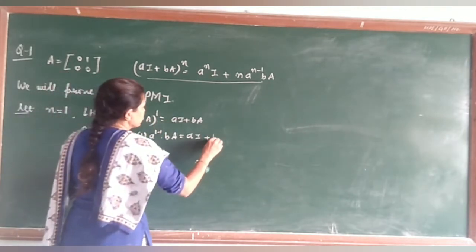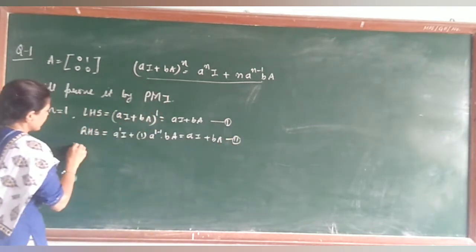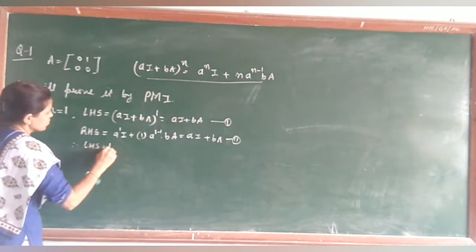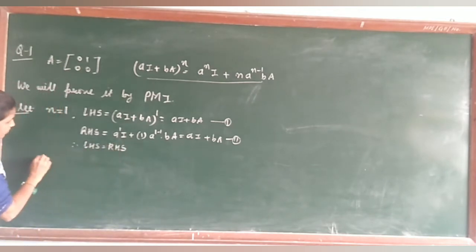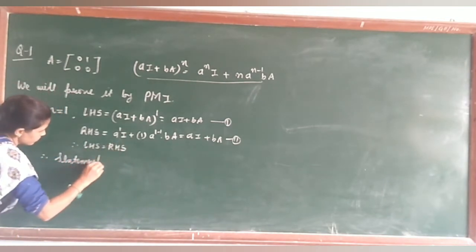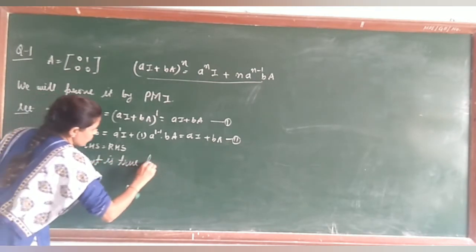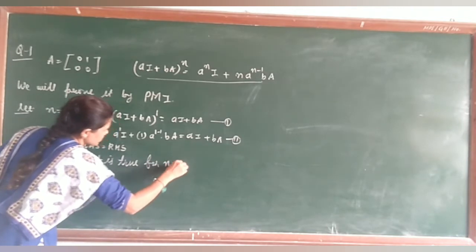So that is equal to bA. So this is 1 and 2. So therefore LHS is equal to RHS. Therefore the statement is true for n = 1.